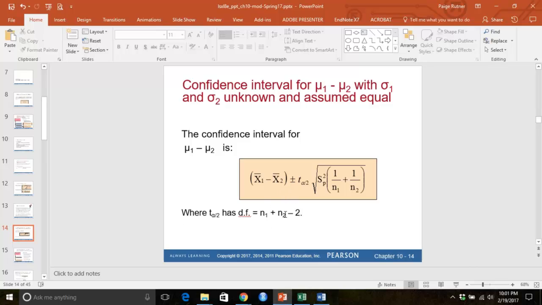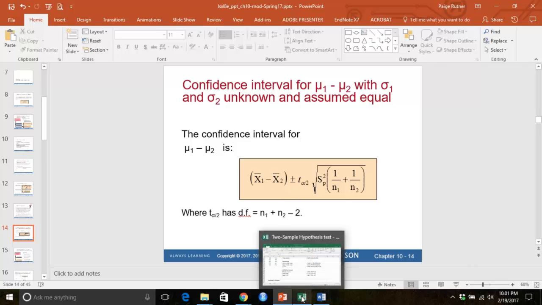I happen to choose a two-tailed set of hypotheses for this example, but I could very easily change that to a one-tailed test. Really, the only thing that would change if I were doing a one-tailed test is my rejection rule, because I would only worry about rejection in one direction. The way I compute my p-value would change.